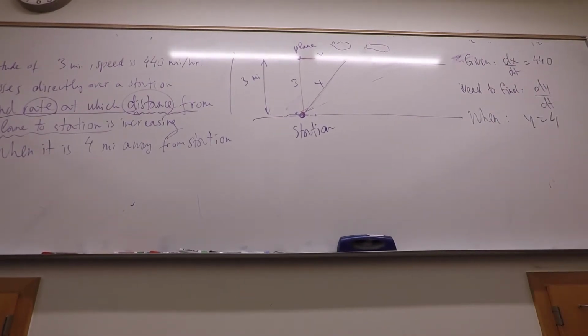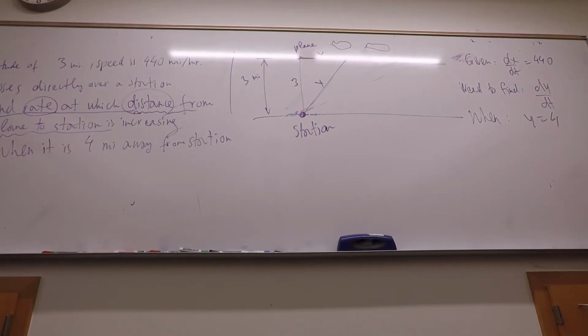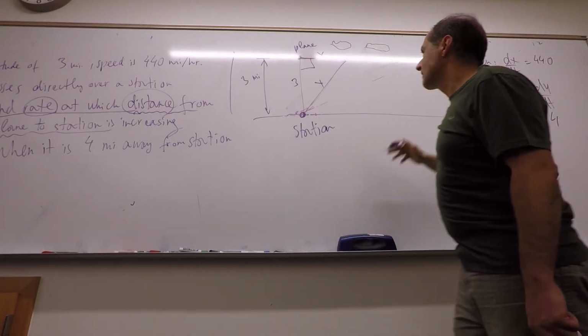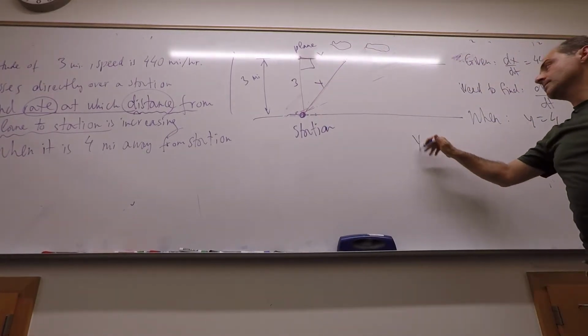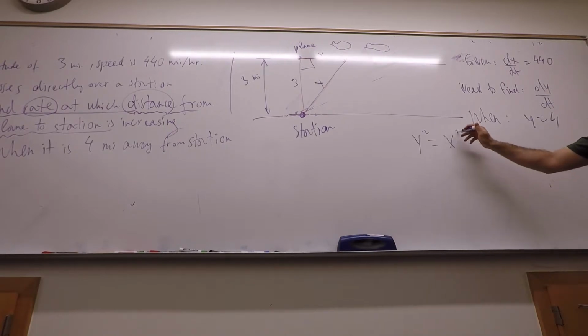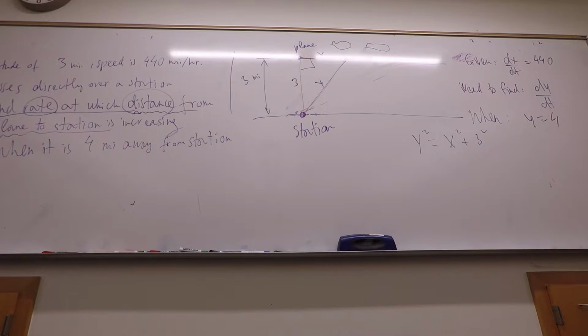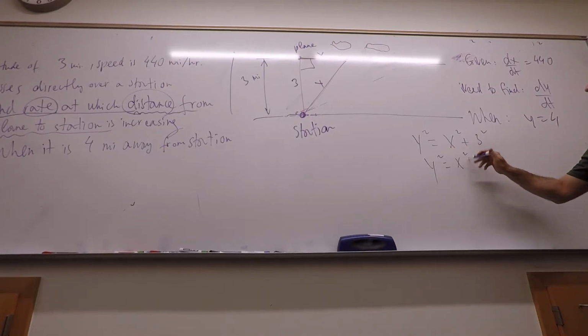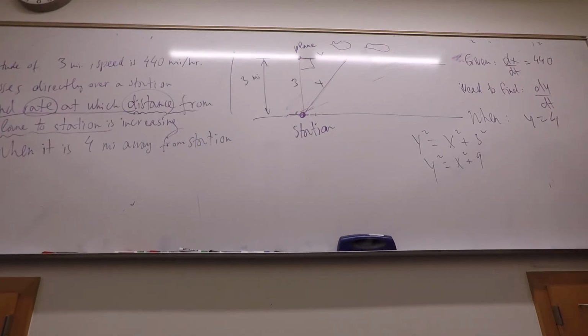So usually we relate those x and y with an equation. What equation will relate x and y? 3 squared plus x squared equals y squared. Pythagorean, right. Fortunately, the 3 is always 3. So what is the next step after writing the equation? Plug in x? No, never do that.